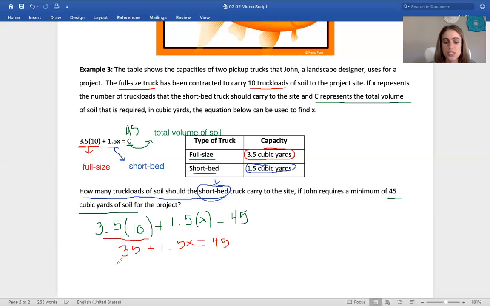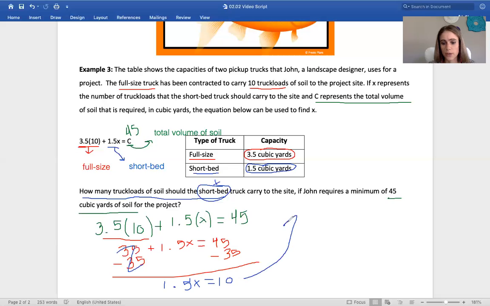All right, we need to subtract 35 from both sides because that is the inverse of a positive 35. So 35 minus 35 is 0. That zeroed out just like I wanted. So we're left with a positive 1 5/10 x equals 10. I'm going to rewrite this up here because I'm running out of room.